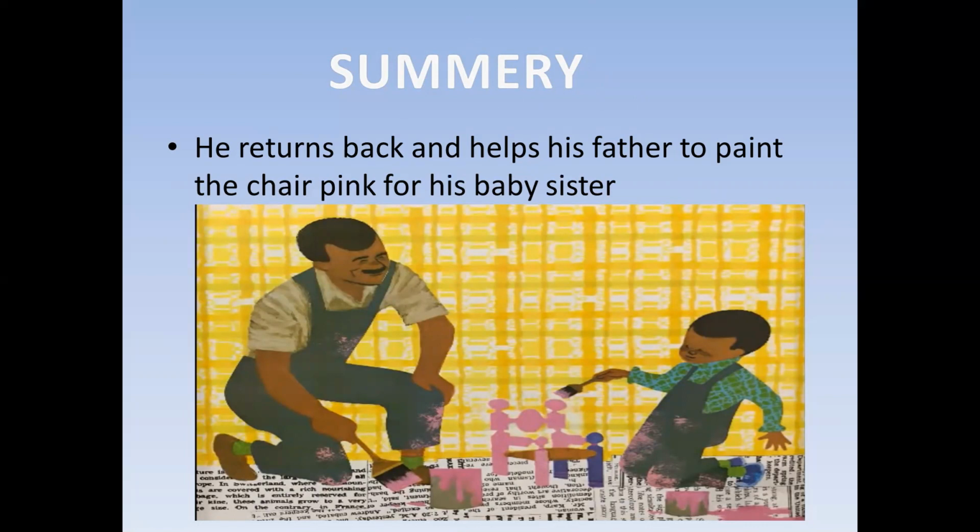After that, his father asks him to come and help him painting the chair, but he refused. Then he knows that the chair is very small. He is very big and the chair is very small. In the end, he returns back and helps his father to paint the chair.